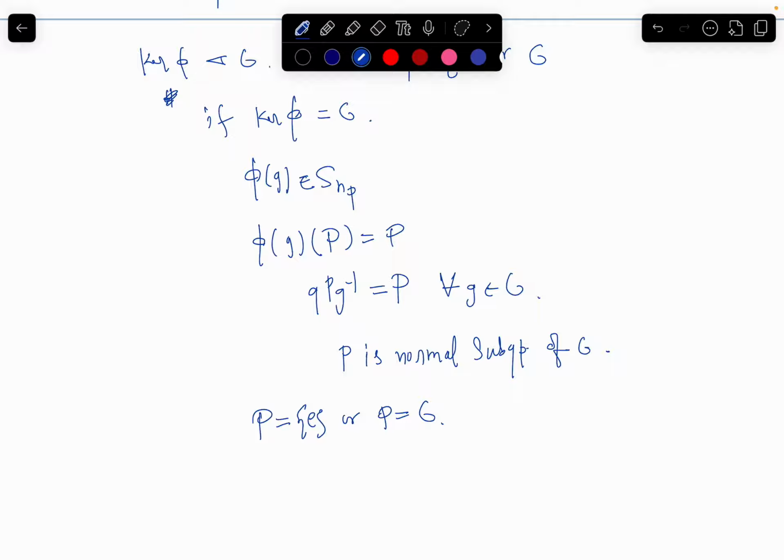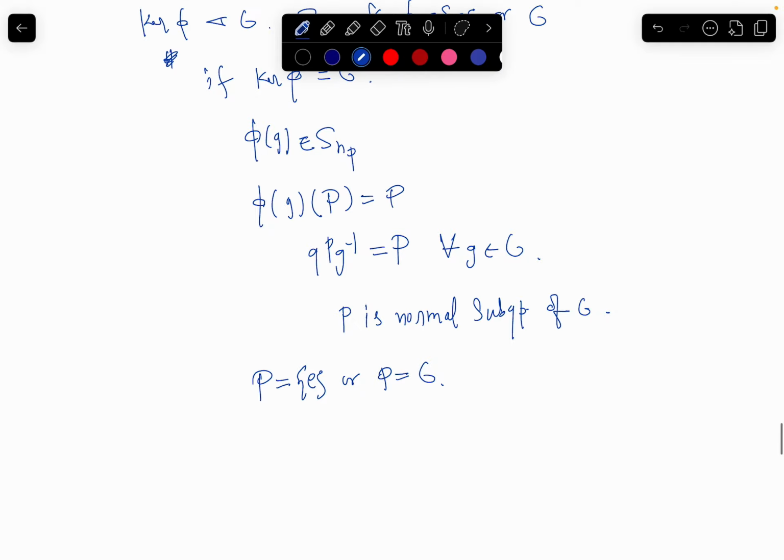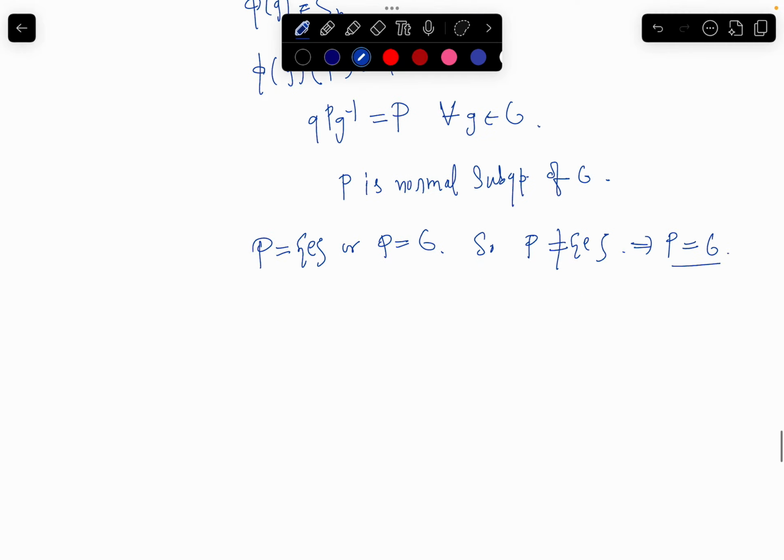It cannot be the identity because the prime P divides the order of G. So P cannot be identity, which implies P is just G. So G is a P group.